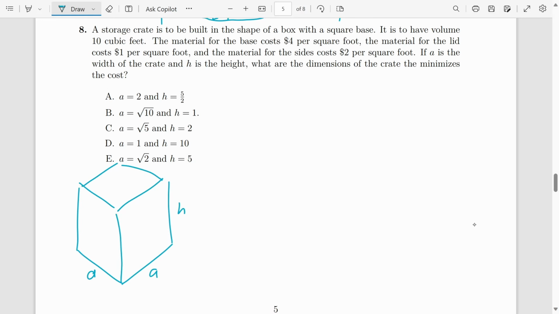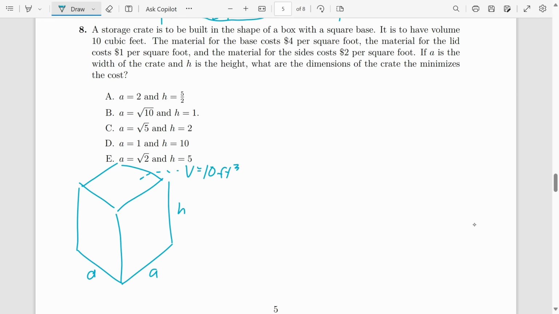And it's a filled top. It's not an open top. Sometimes with these box problems, they like to have an open top or whatever and ask you to calculate something without it. But we do have a filled-in top. And before I move on, it has a volume of 10. So volume equals 10 cubic feet.